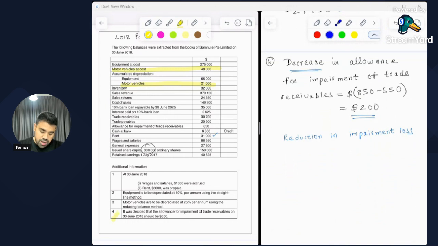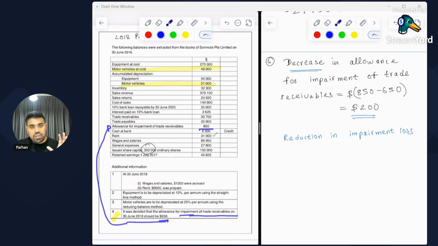It was decided that the allowance for impairment of trade receivables on 30 June 2018 should be $650. Now, in the previous financial year, we had an allowance of $850, and in the current financial year, the allowance is $650. So we can see that there is a reduction from $850 to $650, and the amount of reduction is $850 minus $650, which is $200.